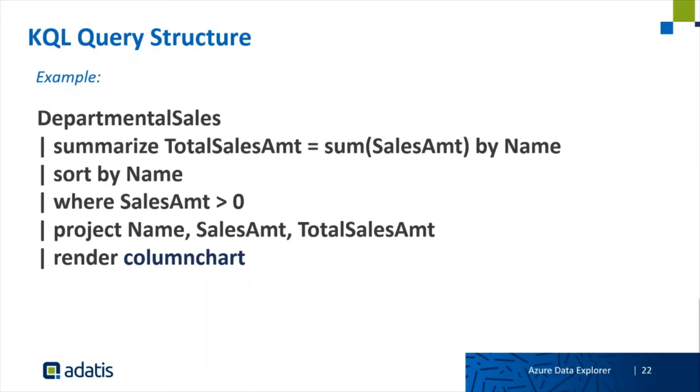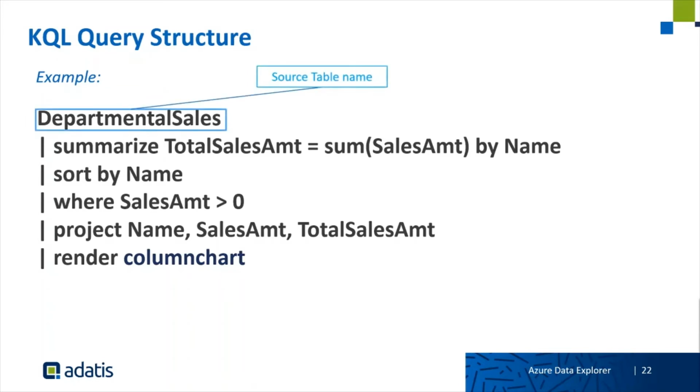So that's what we are doing in the first line, and then we are sorting the results by department name, filtering out where sales are greater than 0, and selecting only 3 specific fields. So we are getting back the name of the department, the sales amount, and total sales amount. And we are then also rendering a column chart.